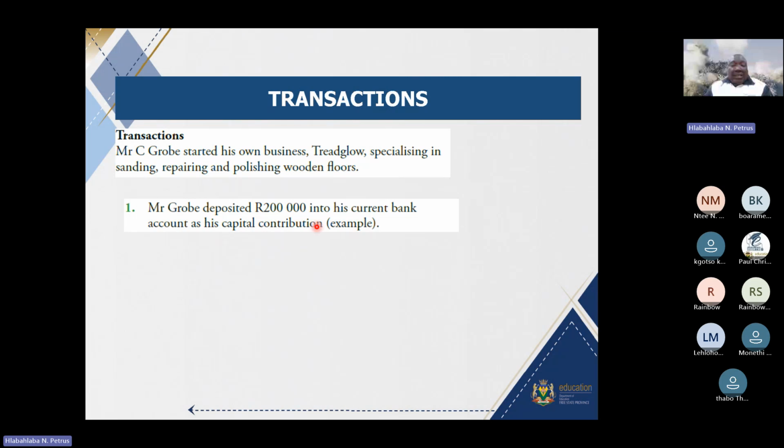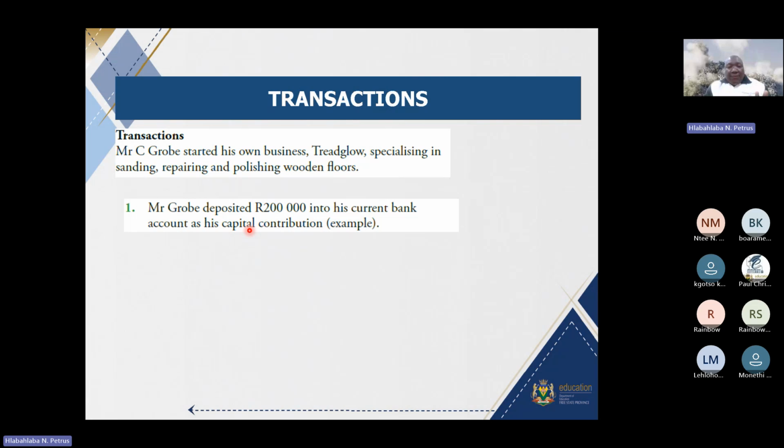As I have mentioned, the owner is depositing 200,000 into his current bank account as his capital contribution. What is important when you analyze the transaction is that 2 accounts are affected. Just remember that every time you analyze a transaction, 2 accounts are affected. So what are those 2 accounts that are affected?